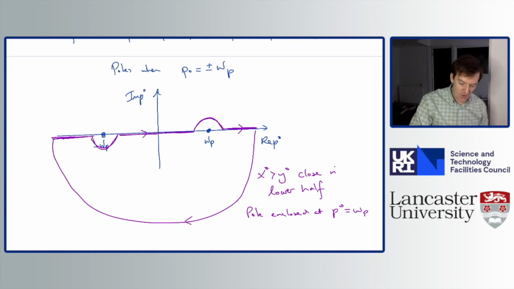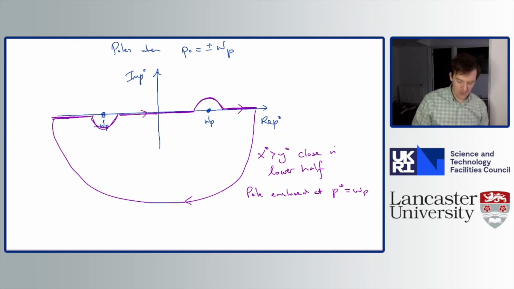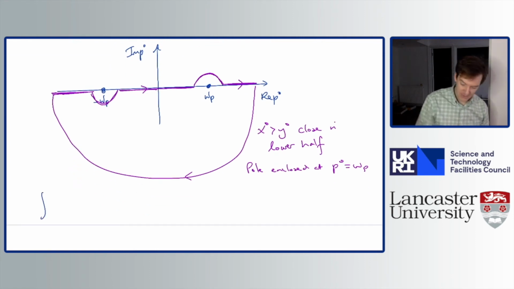Okay, so if you go and actually do this integral, the integral is going to be over this contour, dp₀ over 2πi, and we have this exponential factor.